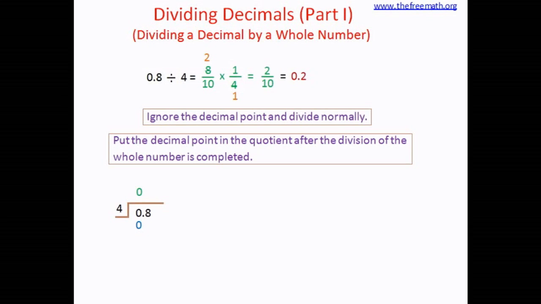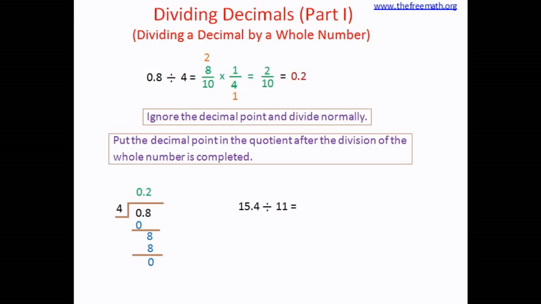In the quotient, we first write the decimal point and then bring down 8. Before we bring down 8, we have to give the decimal point in the quotient. Let's divide 8 by 4 now. 4 twos are 8 and the remainder is 0. So our answer is 0.2.